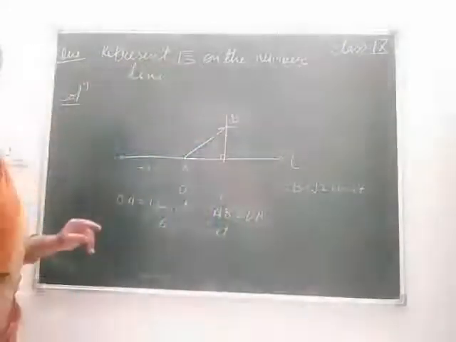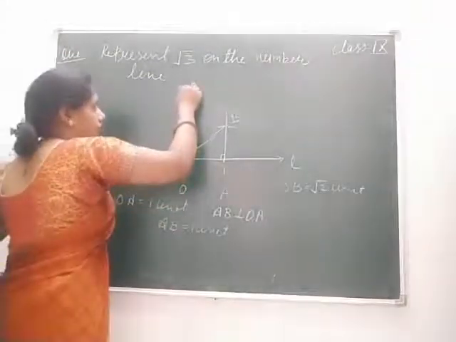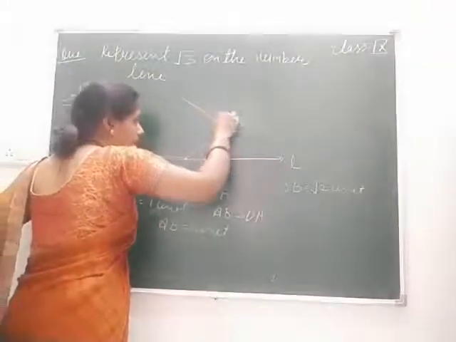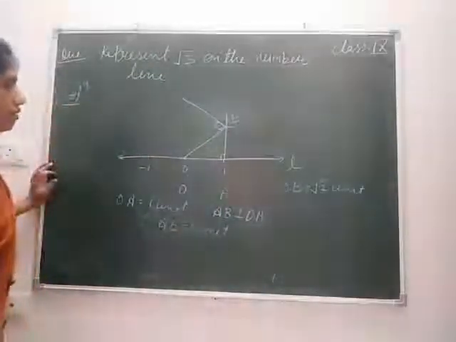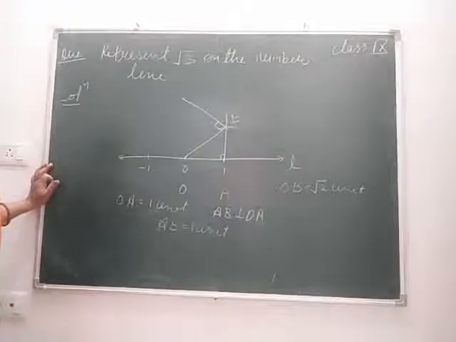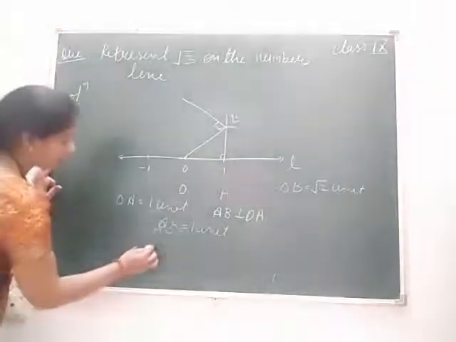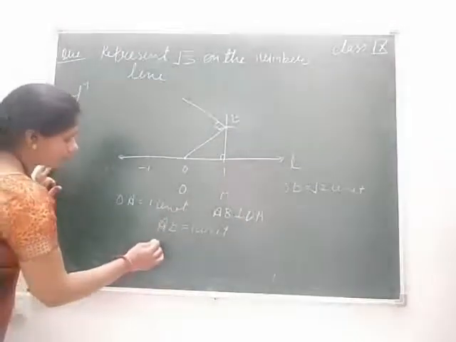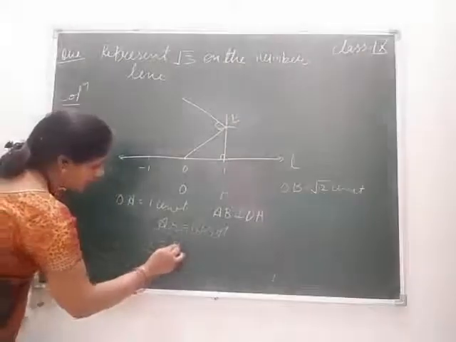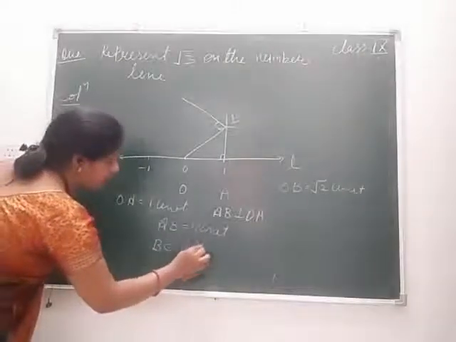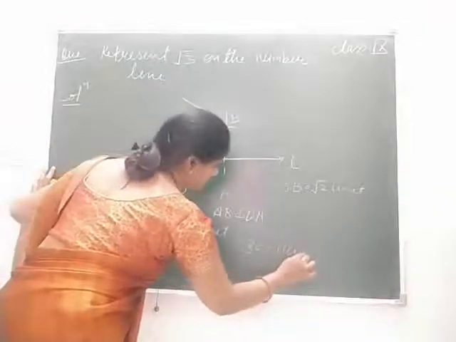At point B, we draw an angle 90 degree with help of B. Okay. Now, at point B, we cut an arc. BC is 1 unit. Means BC is the perpendicular to OB and BC equals to 1 unit.